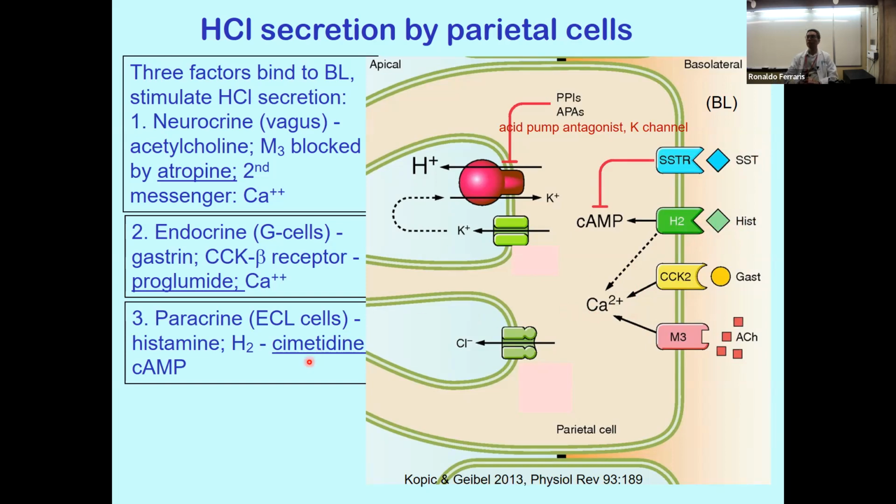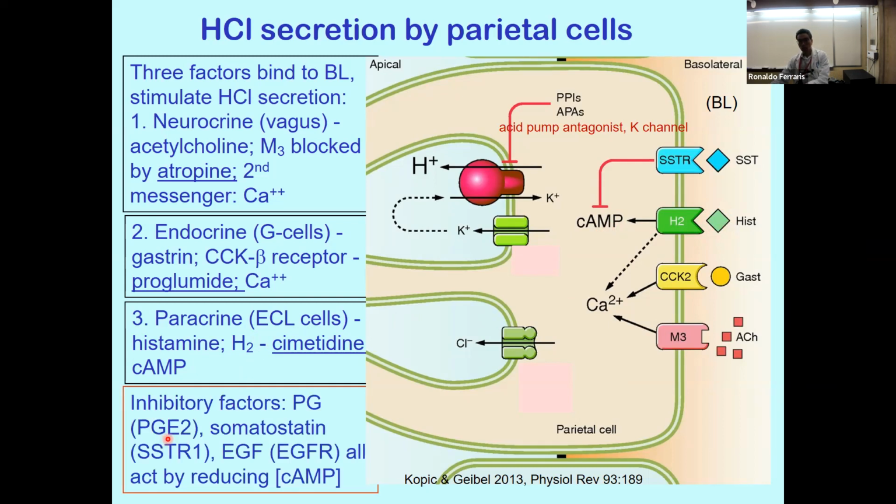Cimetidine is, I think, Pepcid, AZ, Zantac or Tagamet, one of those over-the-counter drugs that are called antacids, and they block the binding of histamine to their H2 receptors. Histamine comes from your ECL cells. The second messenger here is cyclic AMP.